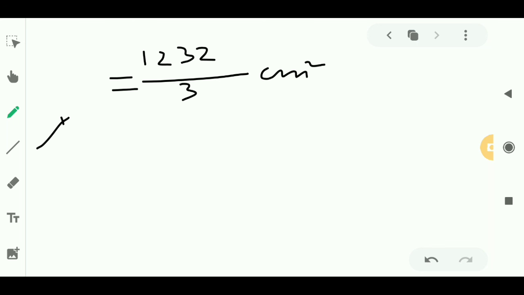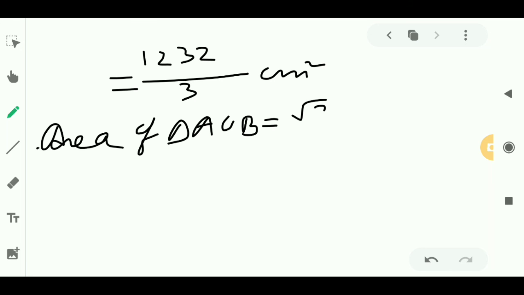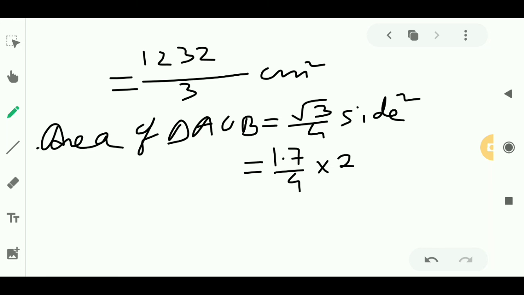Then I'll find the area of triangle AOB, needed because the design is a segment, so we need to find the area of the segment. So area of triangle AOB, a 60 degree angle is there, so it will be an equilateral triangle, so root 3 by 4 side square. Root 3 value is given as 1.7, by 4, the side will be the radius only, 28 into 28 centimeters square, because OA and OB are 28 only. Now you can multiply this one.